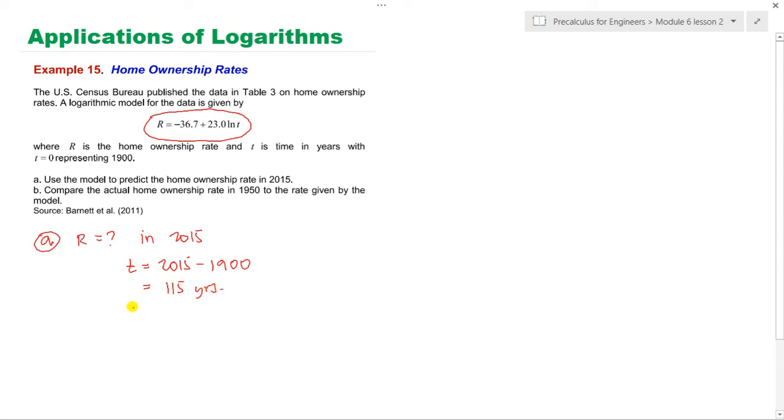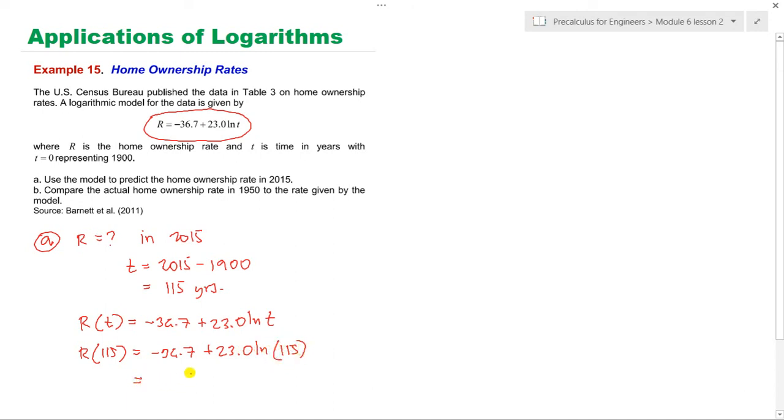Okay, use this T to solve for R. From our model, R of T is equal to negative 36.7 plus 23.0 ln of T. Now at T equal to 115 years, R of 115 is equal to negative 36.7 plus 23.0 times ln of 115.